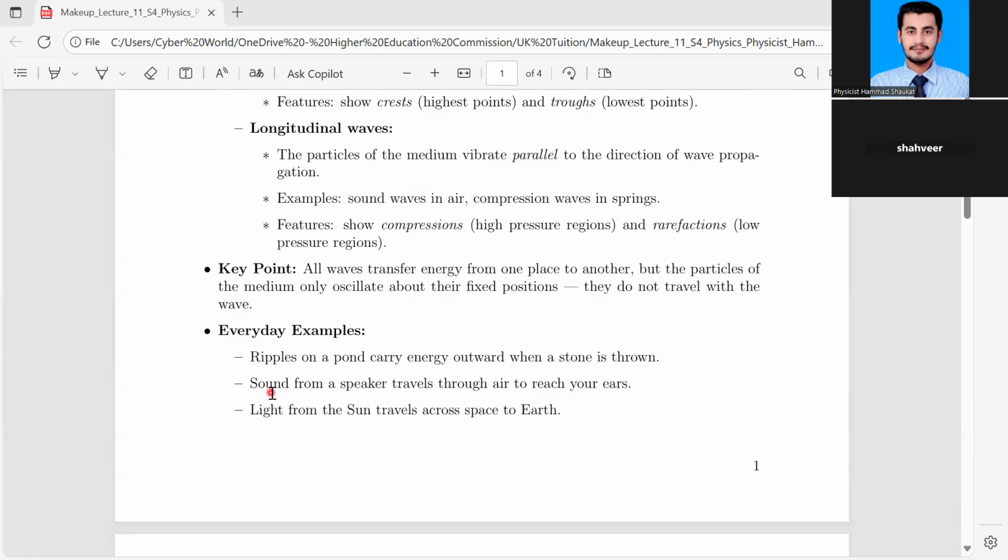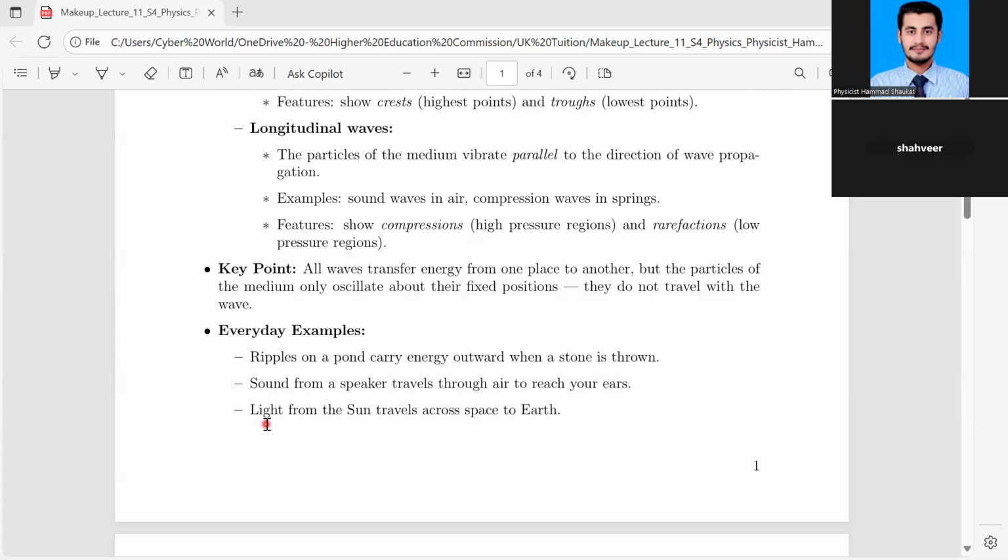And the last is the light coming from the sun traveling across space to Earth. So can you tell me light is which type of wave, longitudinal or transverse?